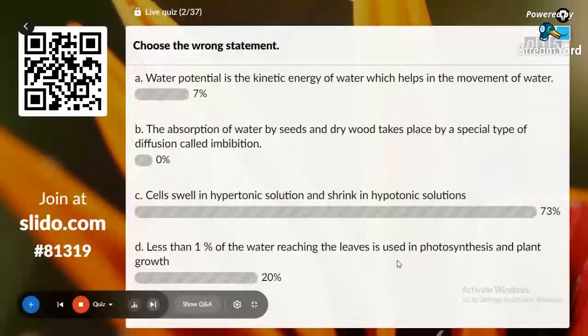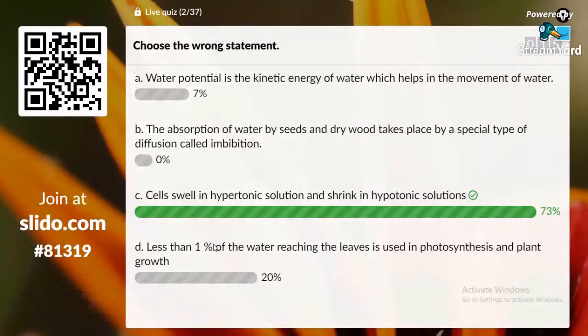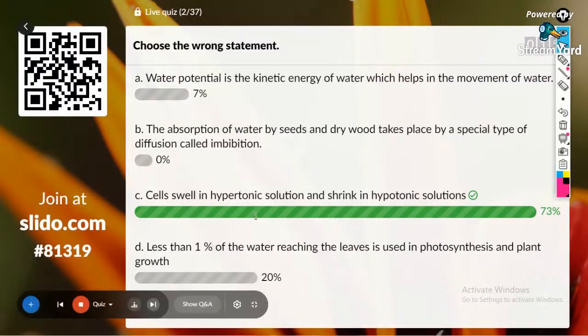Yes, 73% with option C. The correct answer is option C itself, because the cells shrink when they are kept in hypertonic solution. That is due to exosmosis taking place.